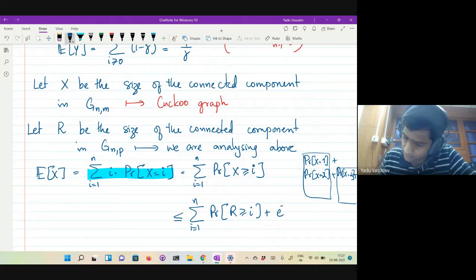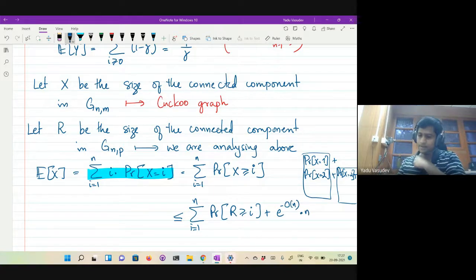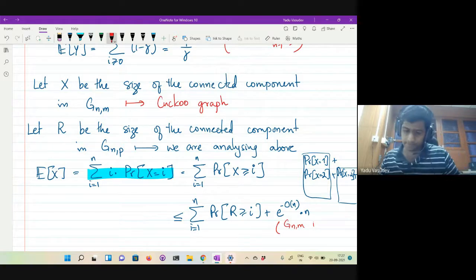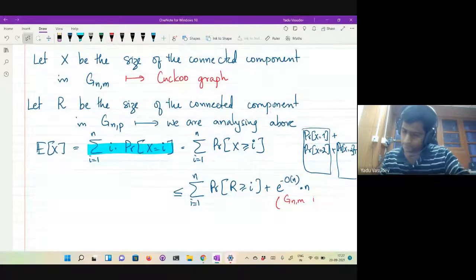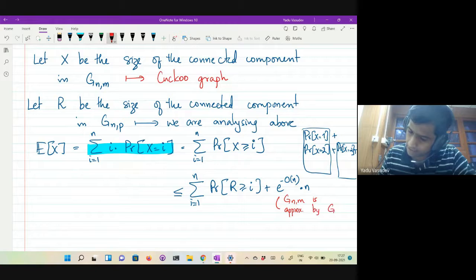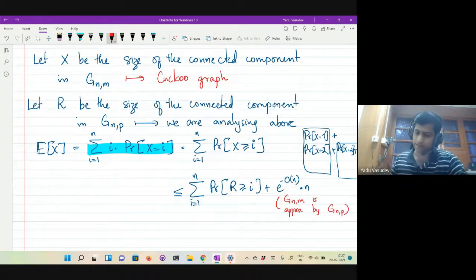It's e raised to minus O of n, times n, for the sum. This is because G(n, m) is approximated by G(n, p). That is why this term is coming.